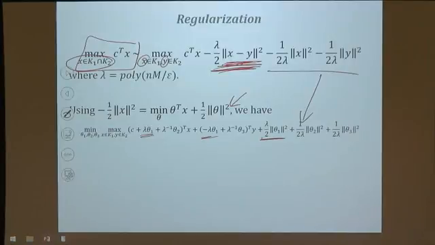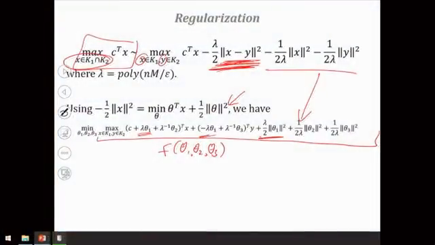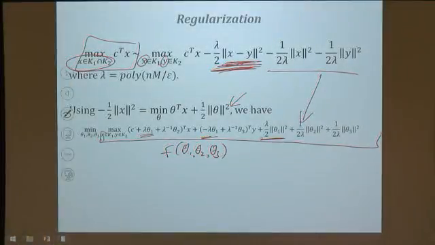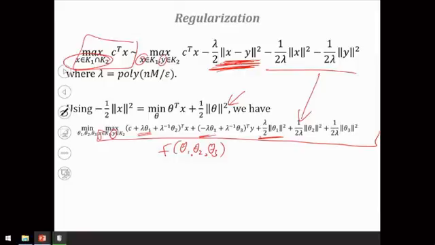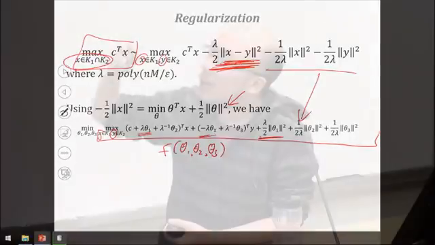You can think it's just taking the Lagrangian dual of that problem, and then you swap the min-max. And now notice, now we want to solve this problem. Say I call that function f of theta 1, theta 2, theta 3. And then notice the subgradient of this function is exactly x and y and some formula related to theta 1, theta 2, and theta 3. So you can compute the subgradient of f by using the oracle.